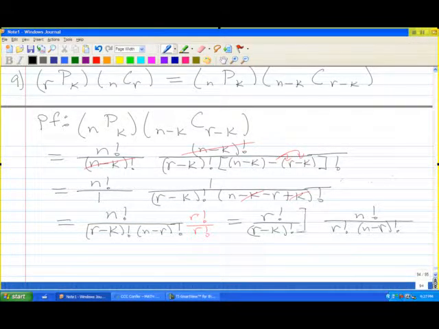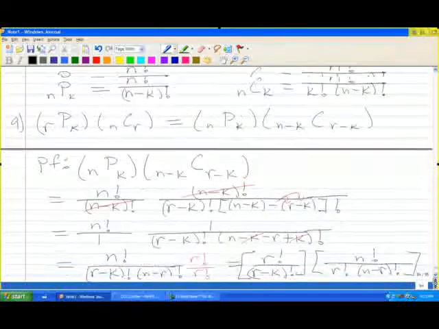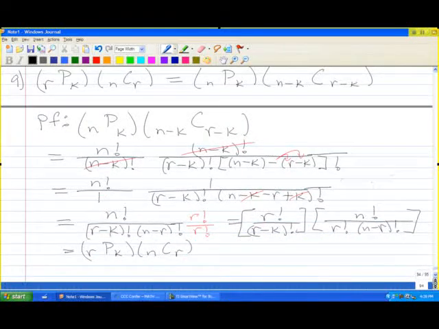And so this first grouping is just nPk. The second grouping is nCr. And that's what I wanted to show.